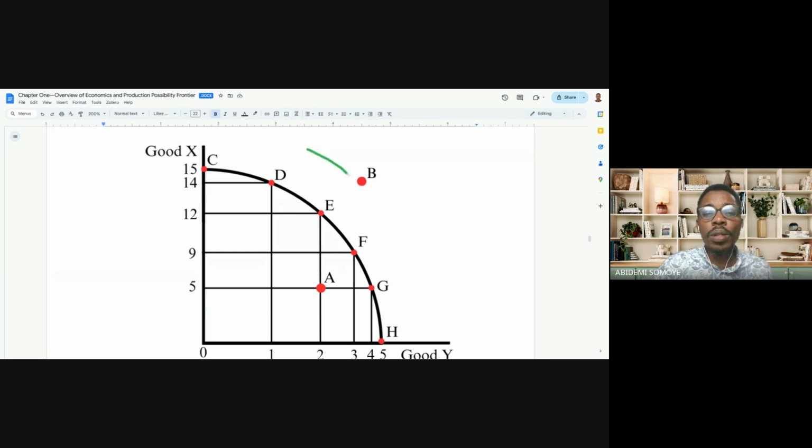What about B? B is at the moment unattainable. It is unattainable because the country does not have the resources to achieve this at the moment. You will see later that this PPF can shift outward.